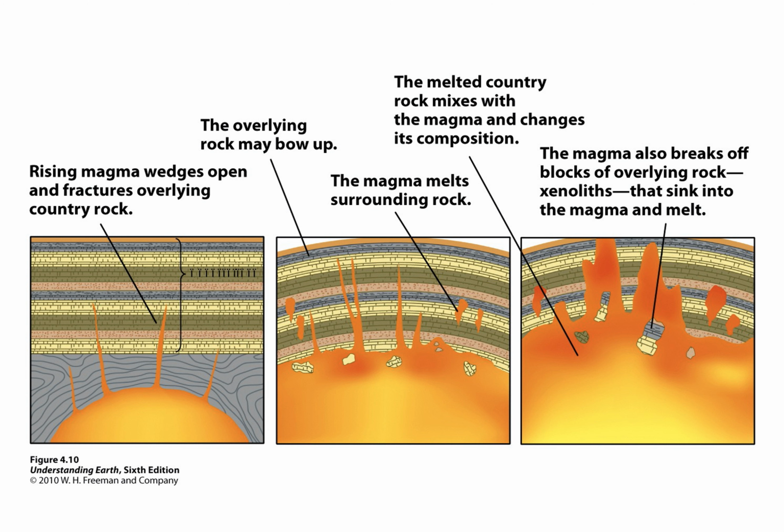Pieces from the country rock will fall into your hot melt, become completely molten, and then change the chemical composition. Another thing which happens: the magma also breaks off blocks of overlying rocks, and these rocks we call xenoliths, which sink into the magma and will melt.